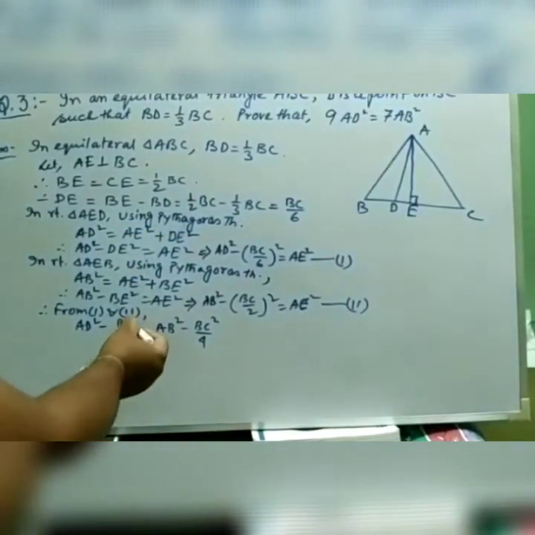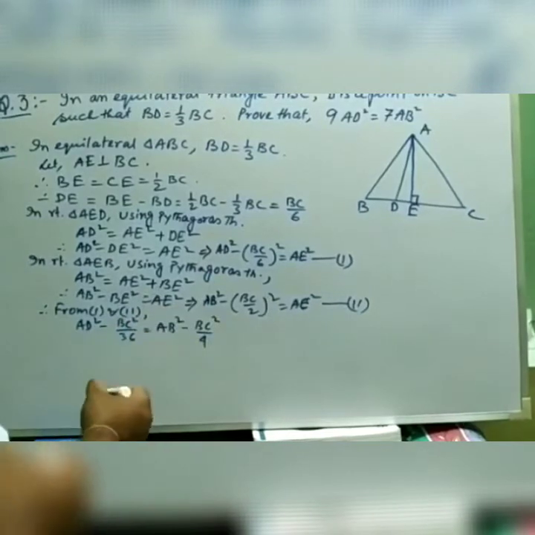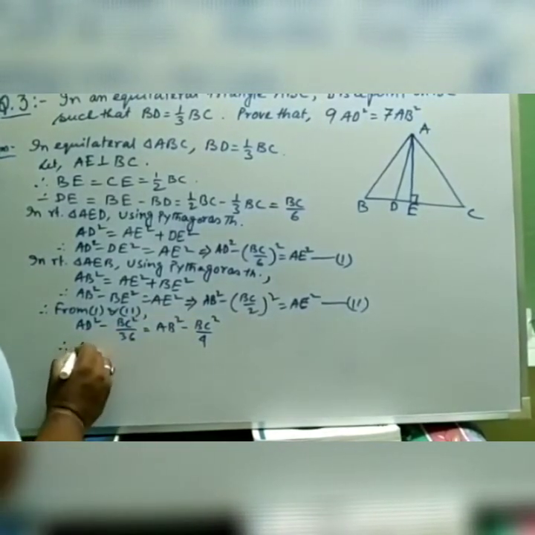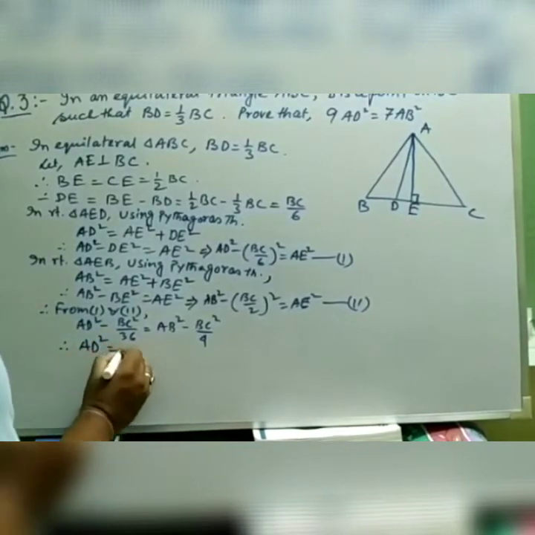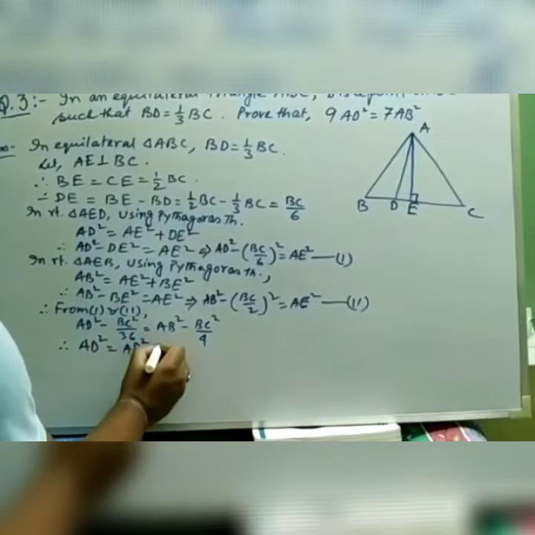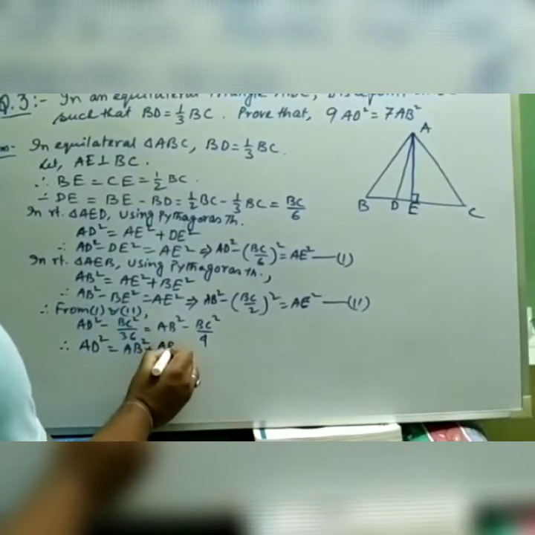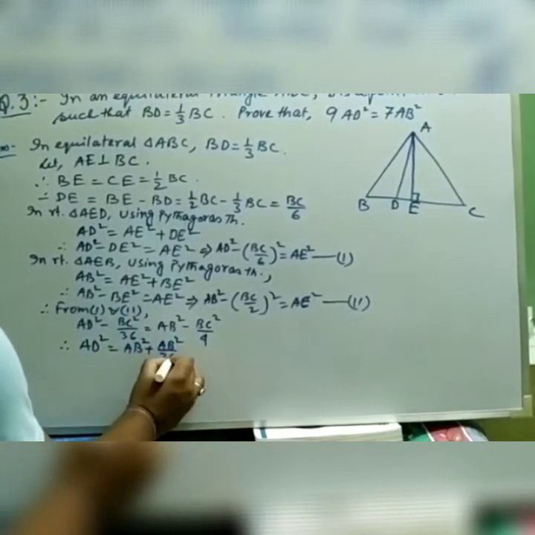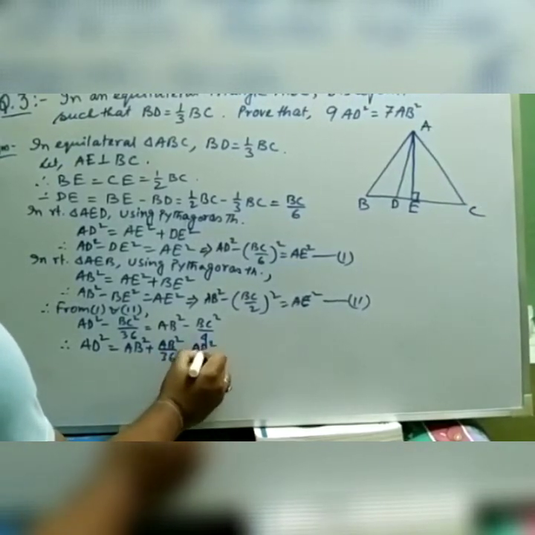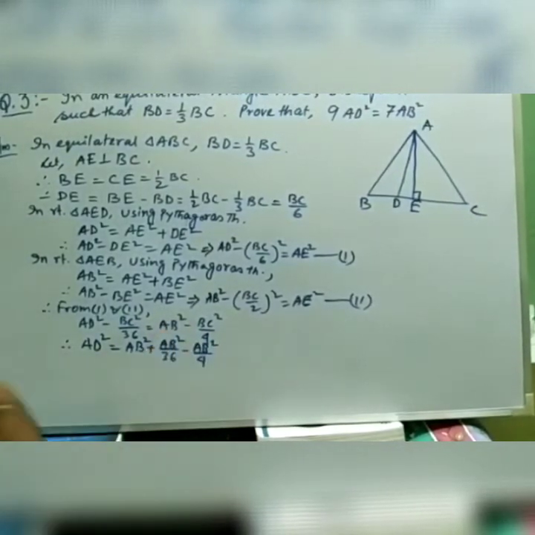So we can replace this BC by AB. So we get AD square equals AB square plus AB square by 36 minus AB square by 4.